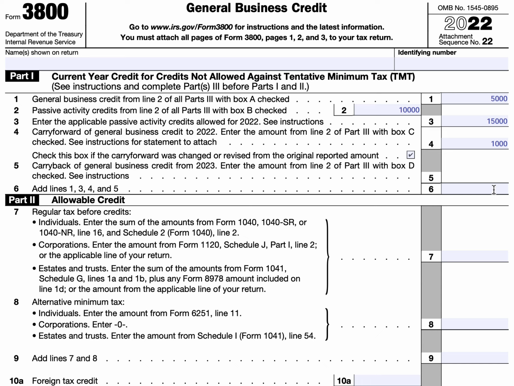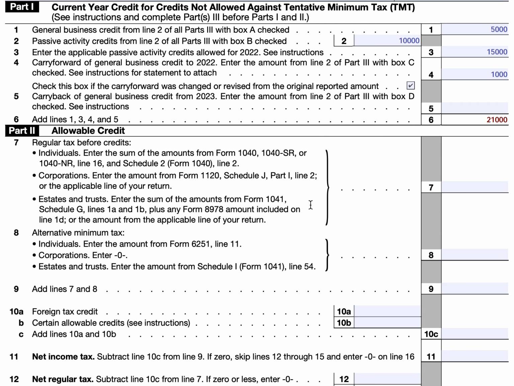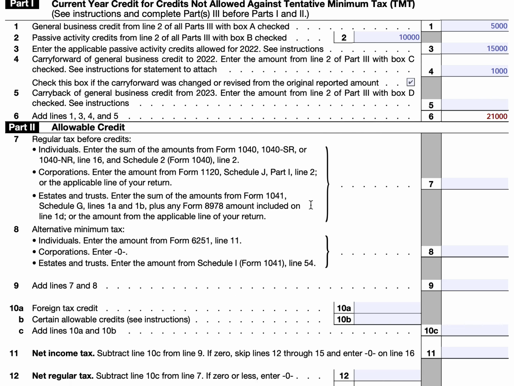So we've got looks like $21,000 of applicable credits. Now this is current year credit for credits not allowed against tentative minimum tax. So basically, this is what you may be able to claim. Now, you have to balance that against your income tax liability, not just regular tax, but any alternative minimum tax or what the IRS considers a tentative minimum tax.